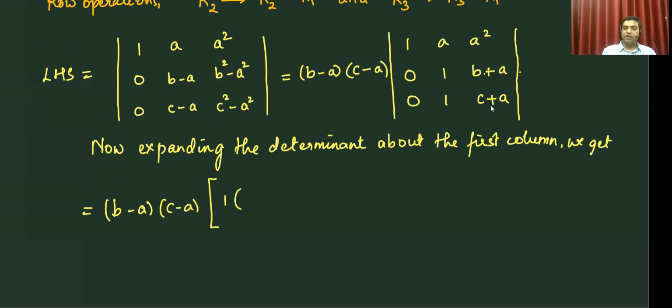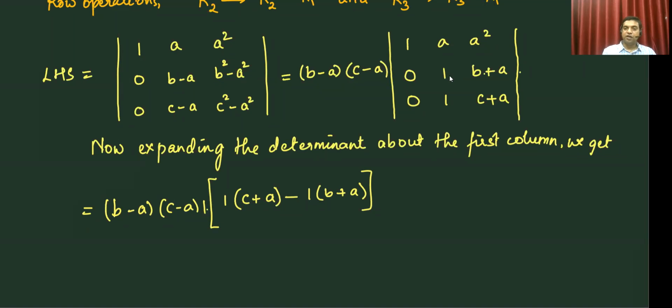Okay, so 1 into c plus a minus of 1 into b plus a. The whole multiplied with 1.